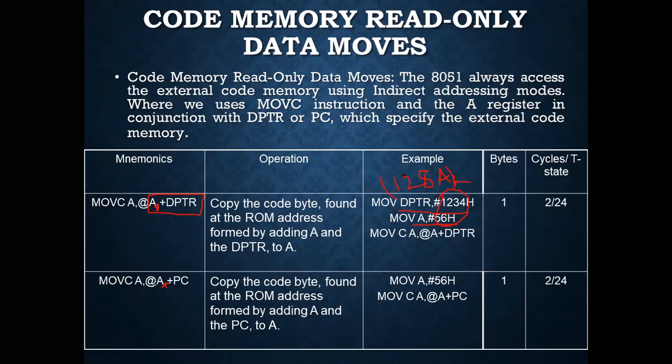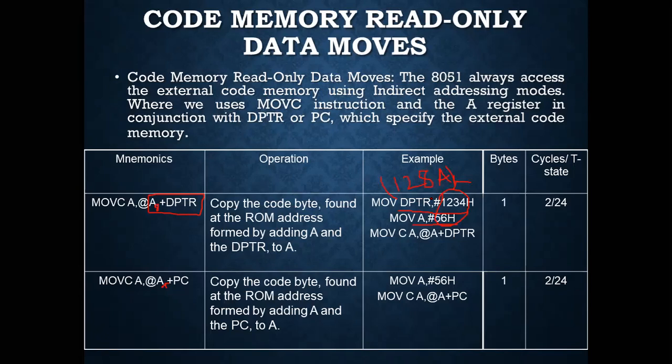So this 128AH will be acting as the address, just like before. The content of 128AH will be moved into the A register. Clear or not? Sir, clear.